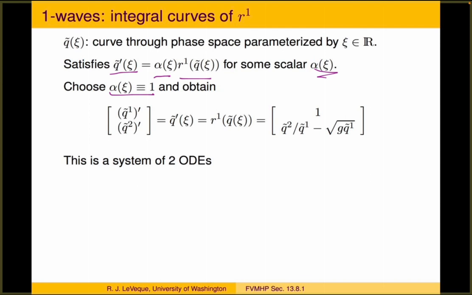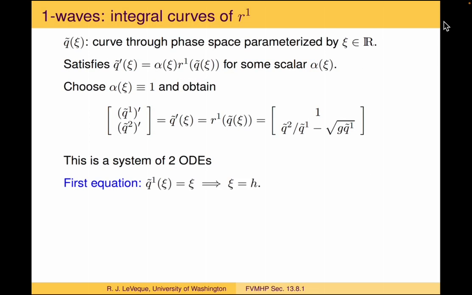so that we simply use the eigenvectors in whatever form we've written them down in as the right-hand side of this differential equation. So we have that q1 prime is the first component of the eigenvector, q2 prime is the second component of the eigenvector. And so that gives us a system of two ordinary differential equations.